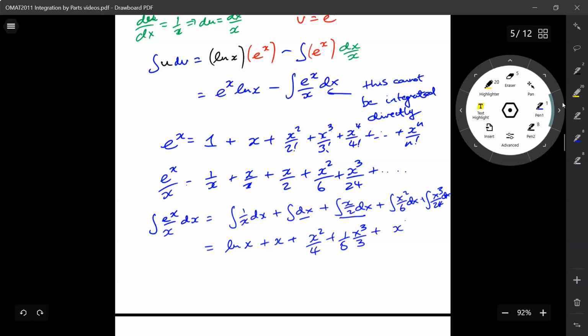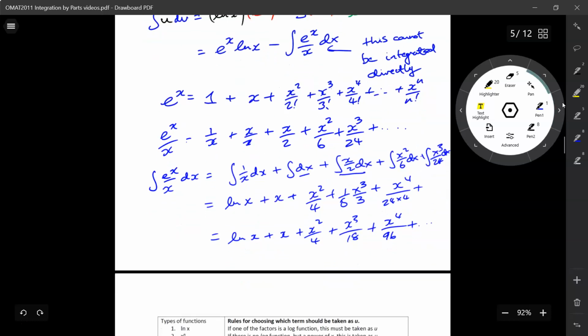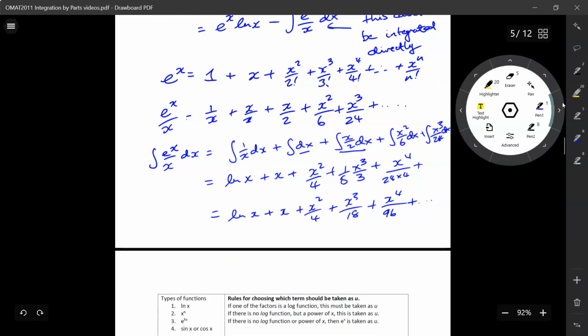This is x to the 4, and we have 24 times 4, and so on. So if you evaluate that, we have the log of x plus x squared over 4 plus x cubed over 18 plus x to the 4 over 96. And I'm only including the first 4 terms, but you could go on ad infinitum there.